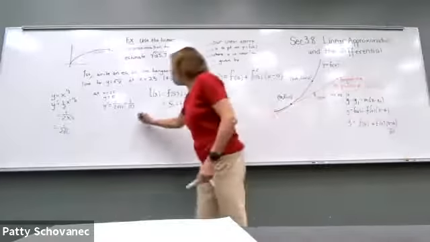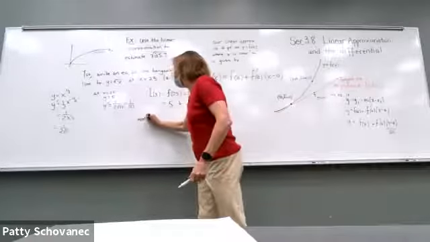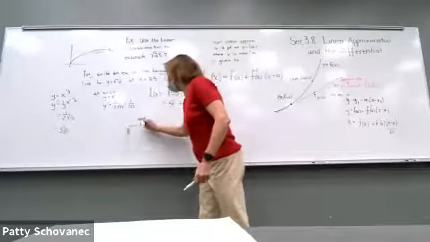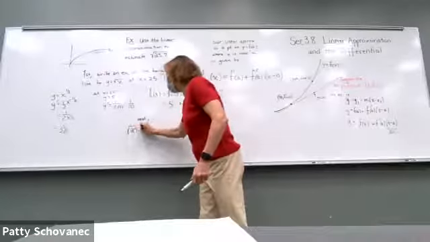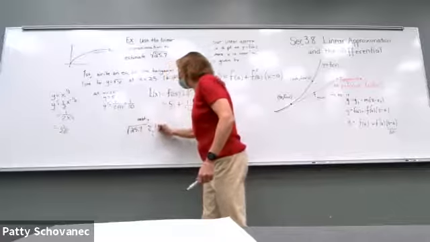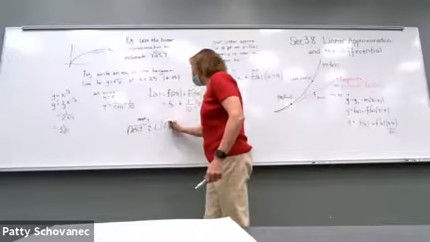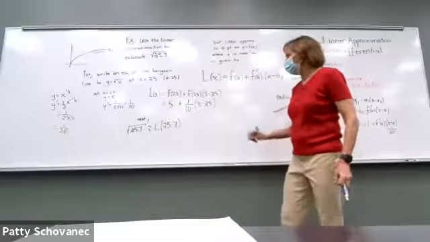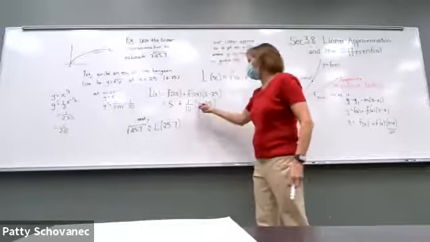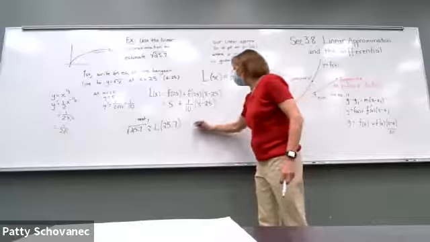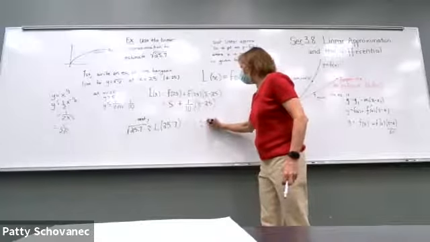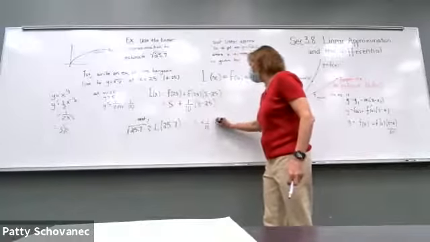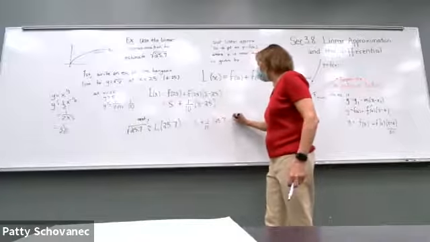So next, the square root of 25.7 is roughly equal to the linear approximation of 25.7. So if you're now plugging that in right here, we have 5 plus 1/10 of 25.7 minus 25.